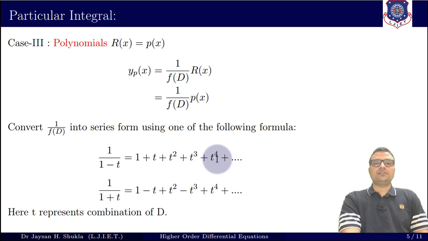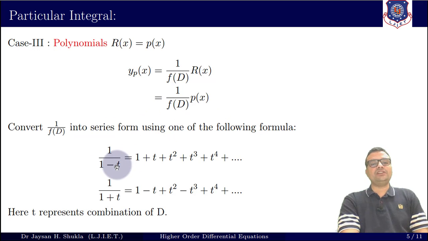So let us start this method for polynomials. Suppose we have r of x, meaning the right hand side of the given differential equation, as a polynomial of x. So what would be the value of yp? Yp will be 1 upon f of D times r of x. Now in this case, we need to focus on this denominator f of D and try to convert this 1 upon f of D into one of the following forms, 1 upon 1 minus t or 1 upon 1 plus t.